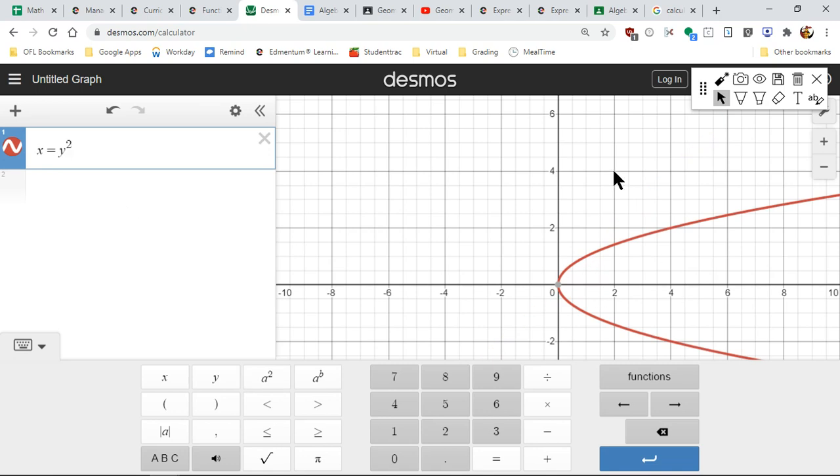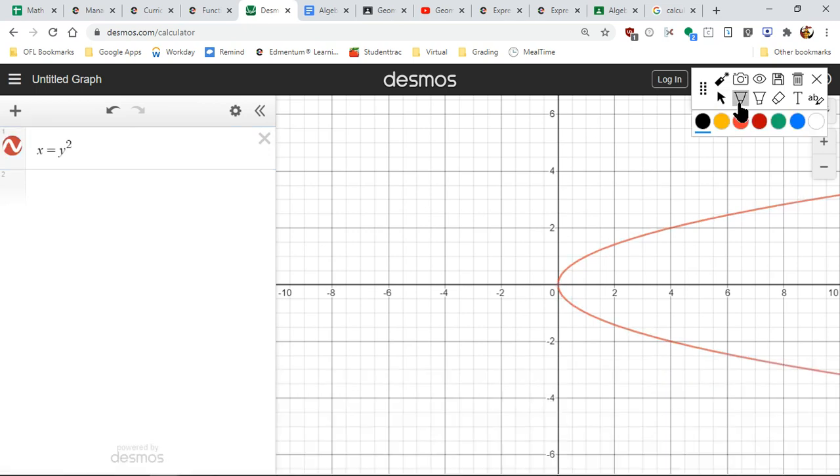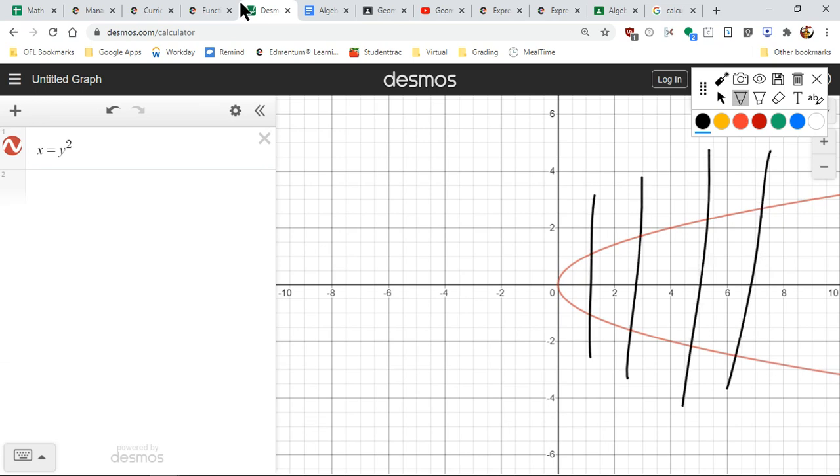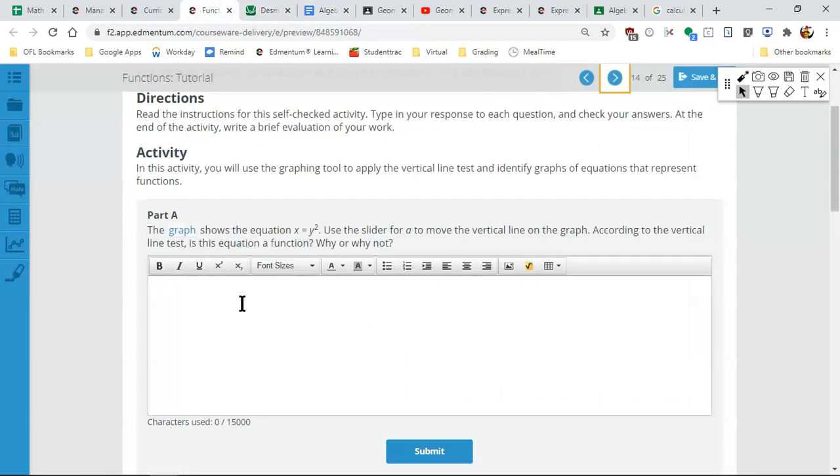And this does not pass the vertical line test. It doesn't pass it a bunch of times, actually. You only need one example of it not passing, and this one has several. So when we're asked, is this a function according to the test?